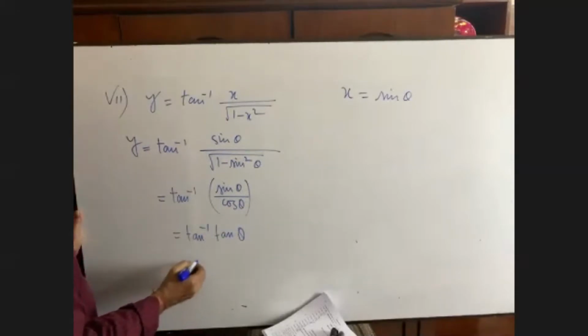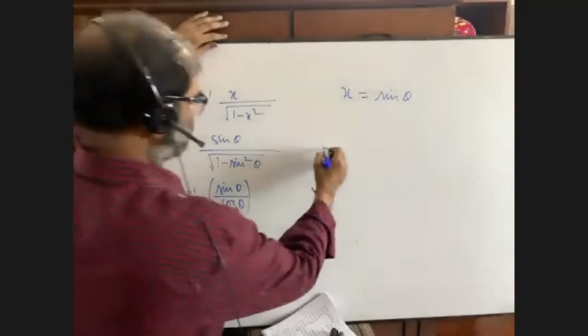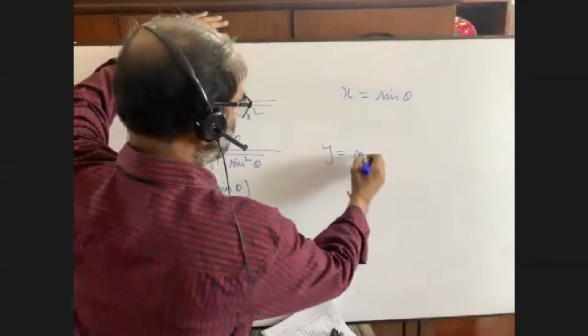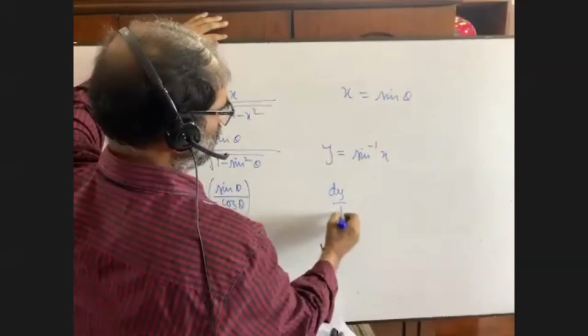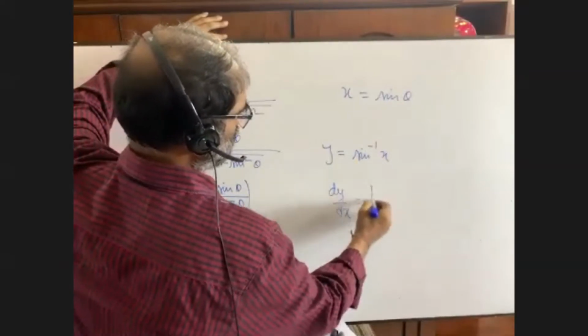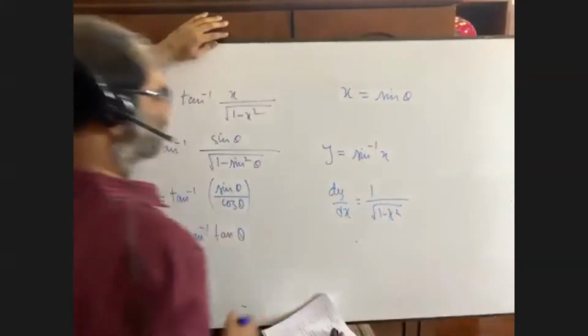So we are getting theta. Theta equals sin inverse x. So dy by dx is equal to 1 by root over 1 minus x square.